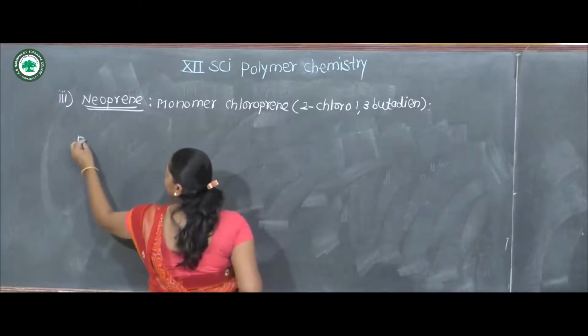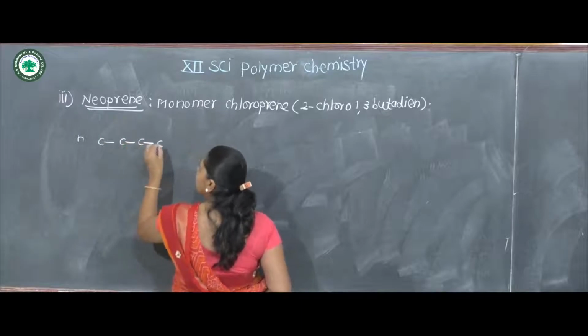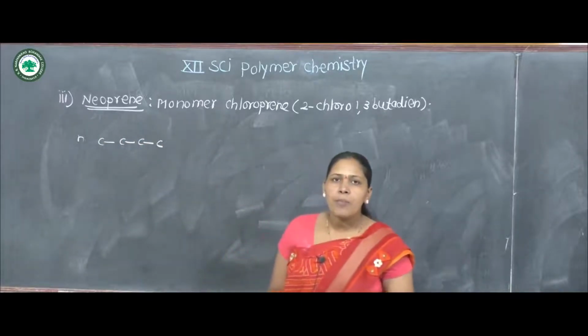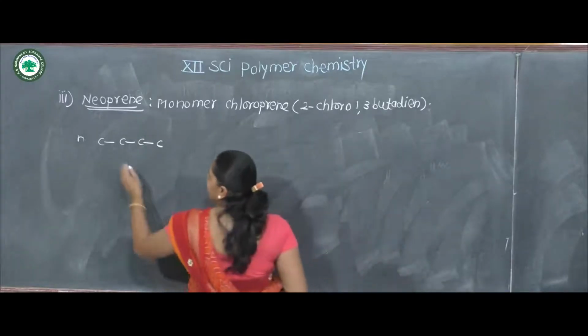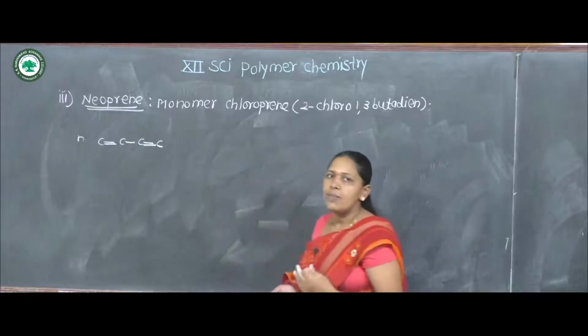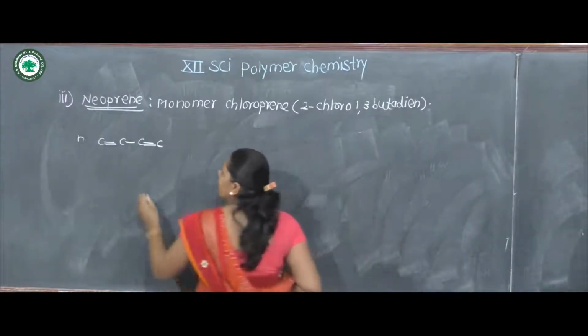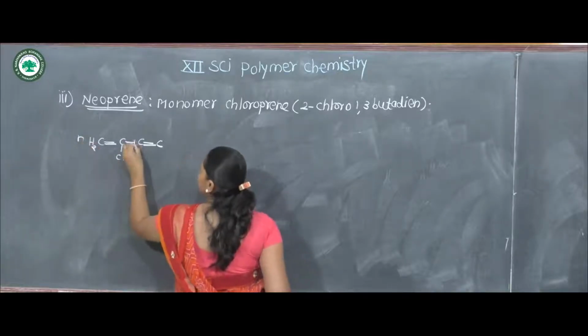Polymerization of N number of 2-chloro-1,3-butadiene. Parent alkane is butene, therefore there are 4 carbon atoms. At 1 and 3 positions, double bonds, that is alkene, and at 2 position, chlorine, and the remaining are hydrogen.